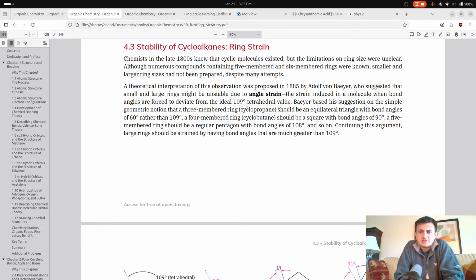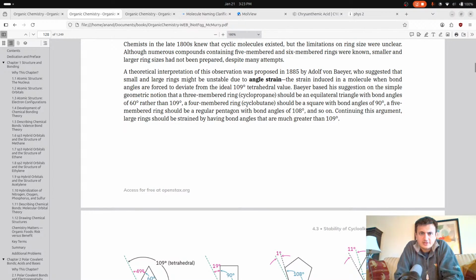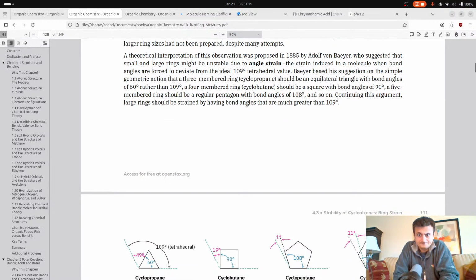Baeyer based his suggestion on the simple geometric notion that a 3-membered ring, cyclopropane, would be an equilateral triangle with bond angles of 60 degrees rather than 109, and a 4-membered ring, cyclobutane, should be a square with bond angles of 90 degrees. The 5-membered ring should be a regular pentagon of 108. Continuing this argument, large rings should be strained by having bond angles that are much greater than 109.